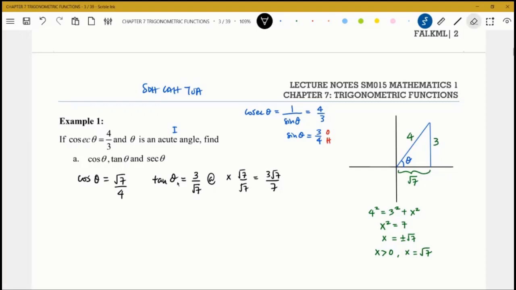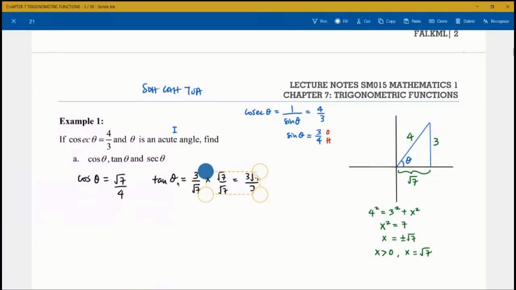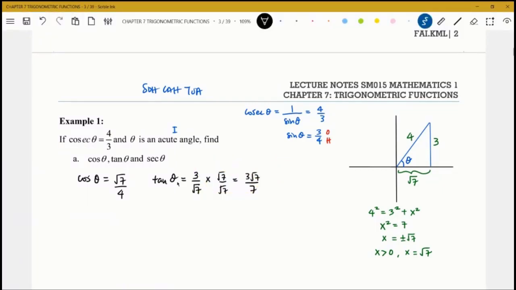And then ini saya padam, saya bawakan ke sini. Okay. For the secant theta, so the third letter adalah C, is going to be 1 over cos theta. So kita pakai balik nilai yang ada dekat sini. So it's going to be 1 over square root 7 over 4.